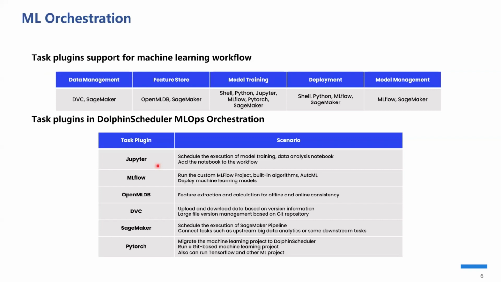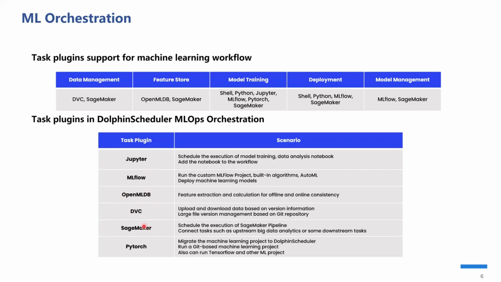You can write your own Jupyter notebook and add it as one subtask of the workflow. MLflow is an open source tool where you can build algorithms or models and deploy machine learning models. OpenMLDB and DVC are third-party tools you can download. You can store your data for machine learning, even the model, even the training data.